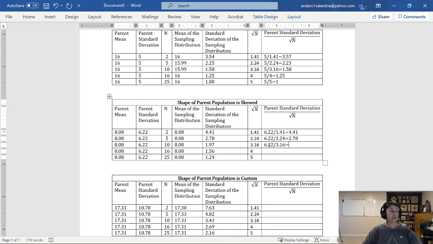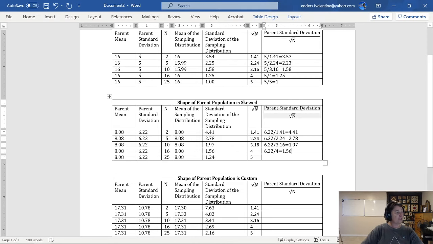But it should. If I do this division each time, I divide the parent standard deviation by the square root of that sample size, I should get the standard deviation of my sampling distribution.